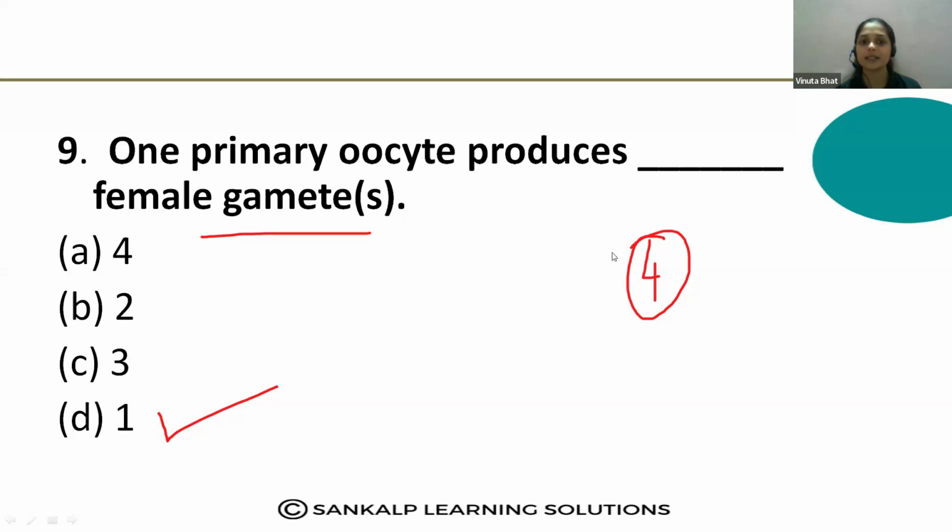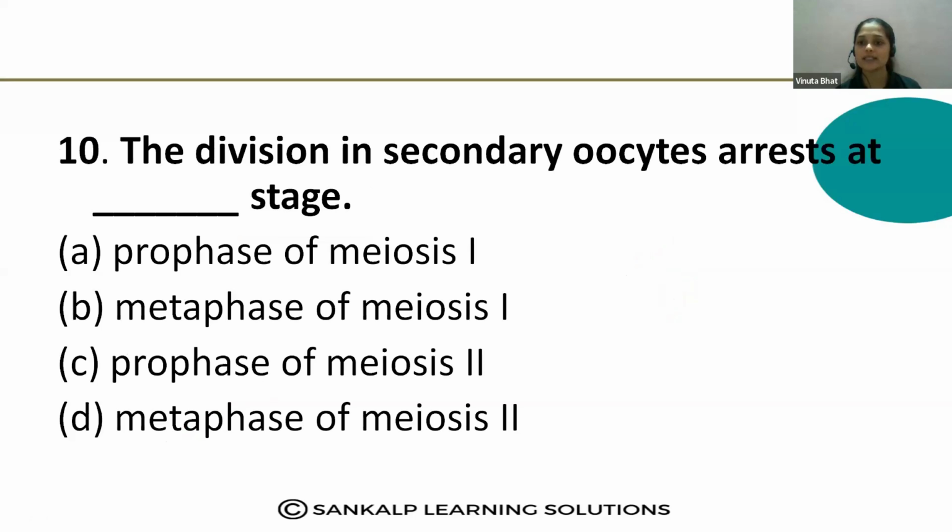10th one, the division in the secondary oocytes arrested at the dash stage. The primary oocyte begins meiosis 1, but in which stage of the meiosis is it arrested? Prophase of meiosis 1, metaphase of meiosis 1, prophase of meiosis 2, metaphase of meiosis 2.